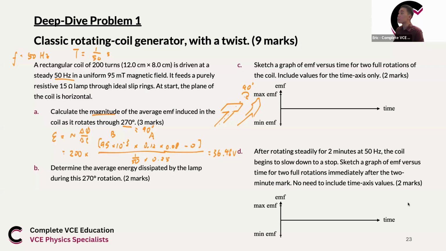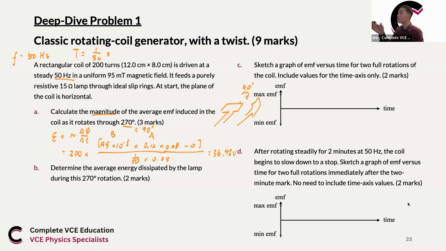Because now we changed the scenario, Namra. Even if the question is asking what's going to happen for 270 degrees of turn, we simplify the scenario by saying that if you think about the average EMF induced in this duration, it is the same thing as rotating the coil for 90 degrees.